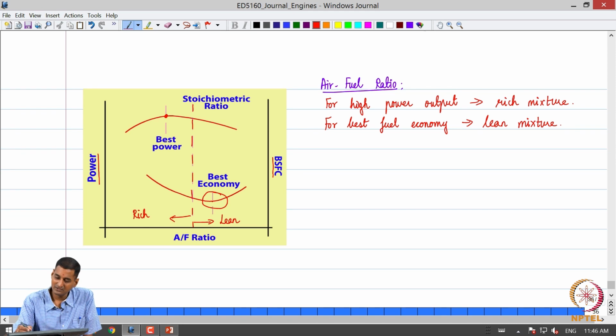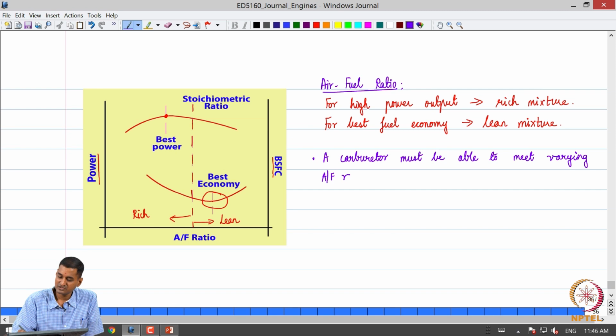So a carburetor must be able to meet varying air to fuel ratio requirements, depending on the operating conditions of the vehicle and the engine.